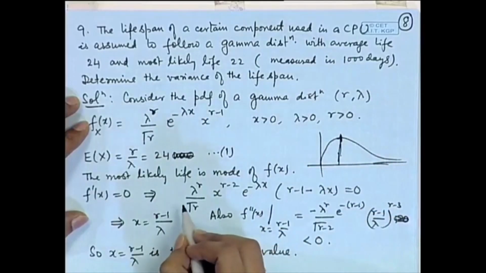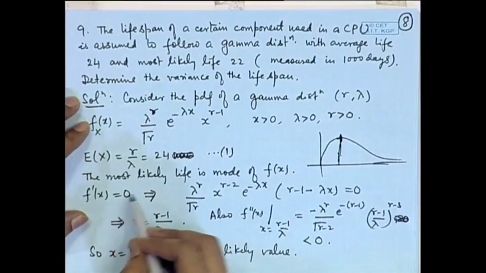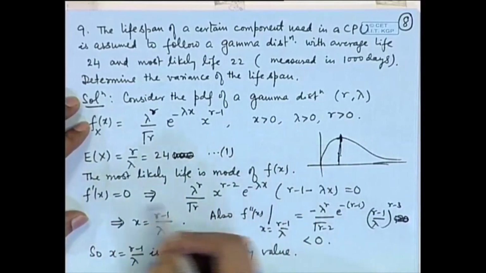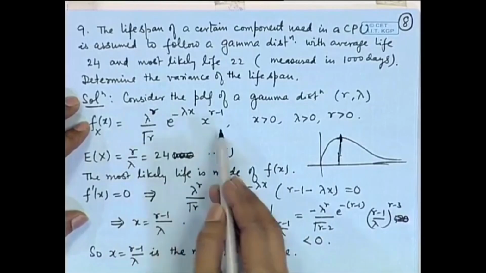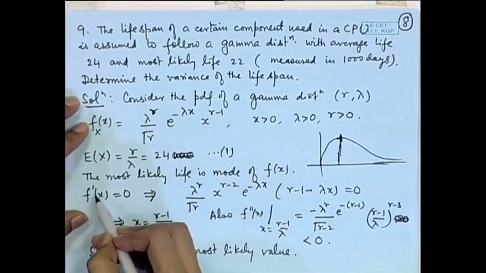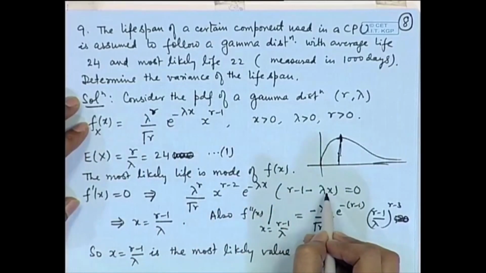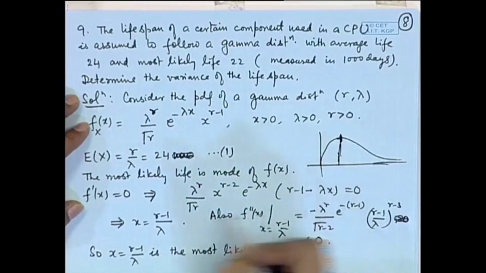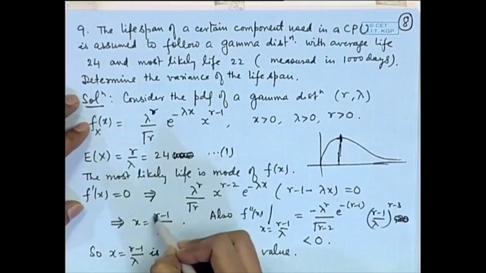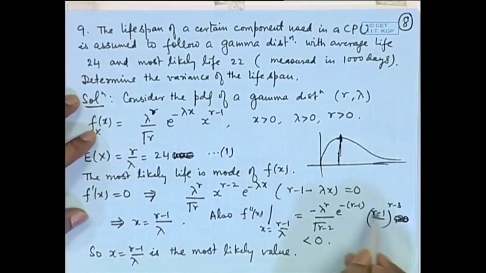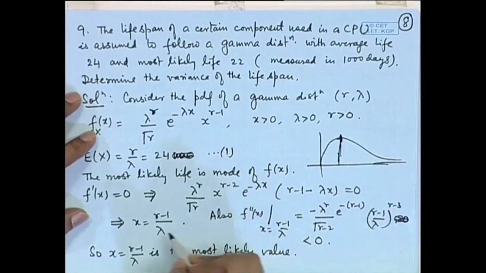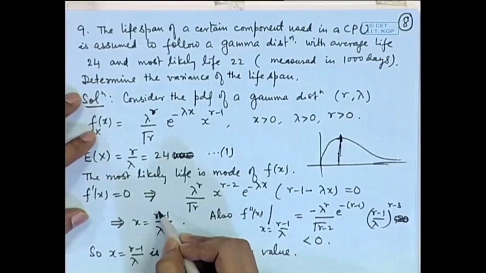Now, for a gamma distribution the maximum value can be calculated using ordinary calculus by looking at the derivative. So, f prime x is 0 for x equal to r minus 1 by lambda, and at this point we can check that the second derivative is actually negative. So, x equal to r minus 1 by lambda is the mode of the distribution, that is, the maximizing point.